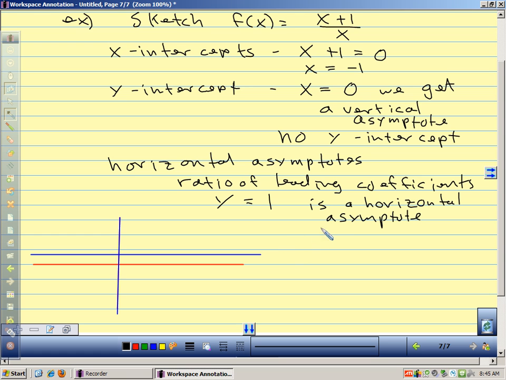At x equals -2, f of -2, if I plug -2 in here, I get -2 plus 1 is -1 over -2, which is 1/2. So over here at -2, I get a point at 1/2. And this is y equals 1, so my point is somewhere like this.